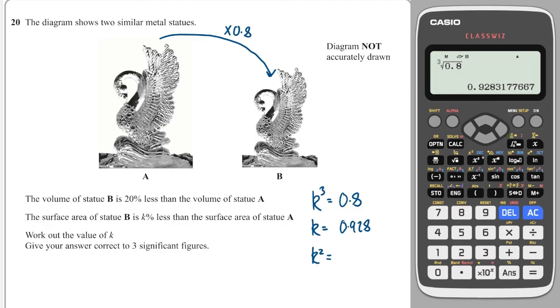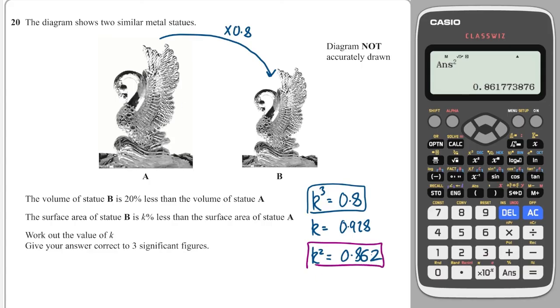So I take that k value and I square it, and that gives me 0.862. So if I'm moving between volumes, I would use this scale factor, but if I'm moving between areas, I would use this scale factor.